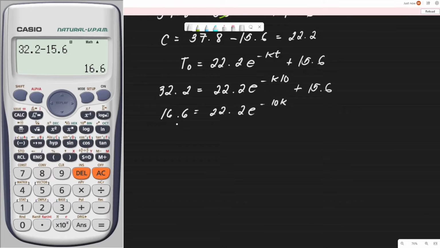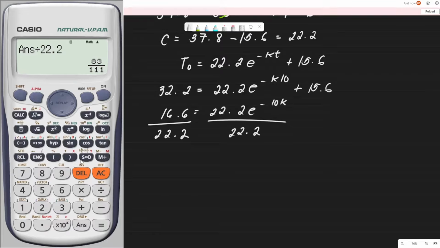Okay, so divide natin both sides by 22.2 kasi we are after the value of k, di ba? So let me divide by 22.2, that's equivalent to 0.74, or basically 0.75.